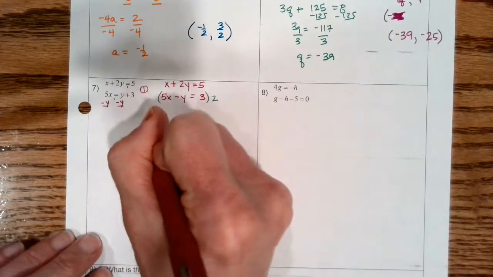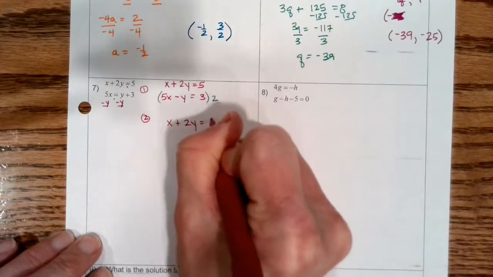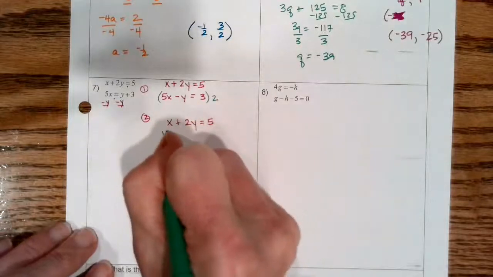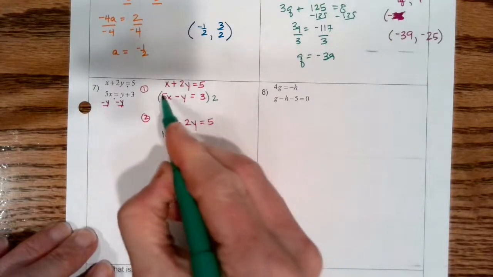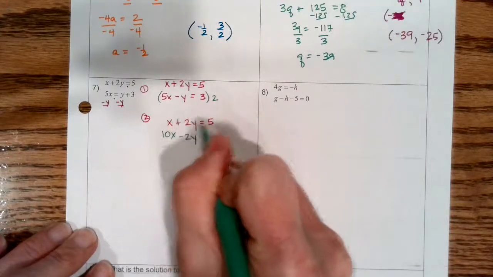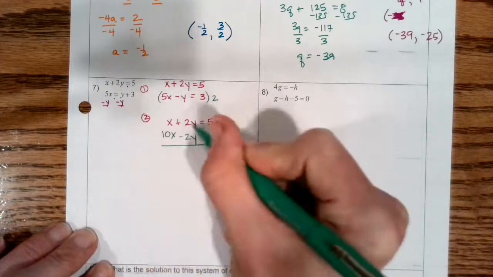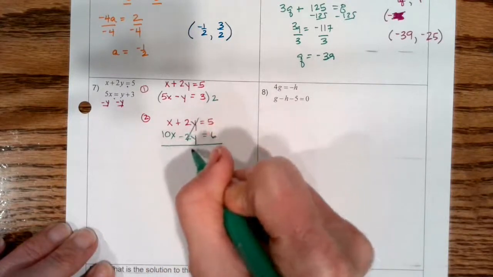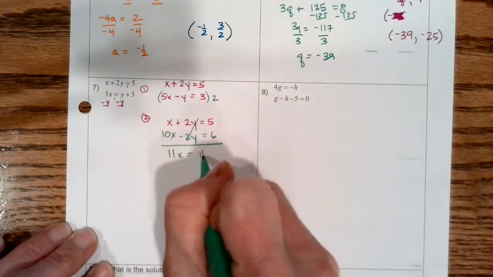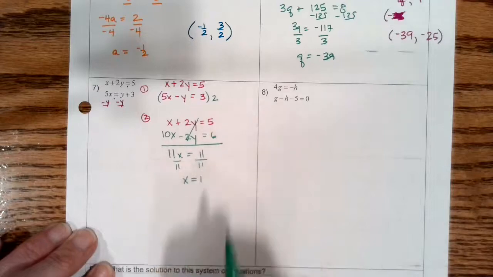So when I find that coefficient, x plus 2y is equal to 5, I'm looking for a zero pair. 2 times 5x minus 2y. Here we go. Zero pair is when you add them together and you get 0. 11x is equal to 11. Very nice. Divide by 11, x is equal to 1.